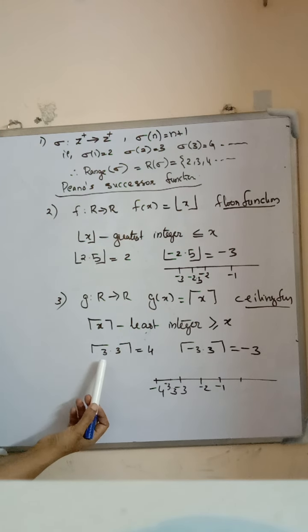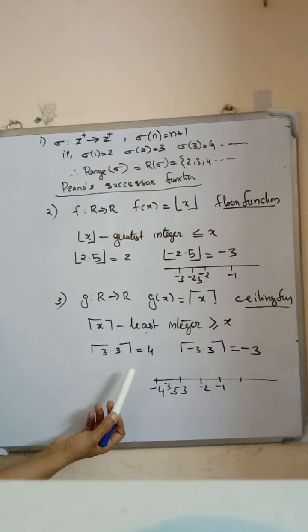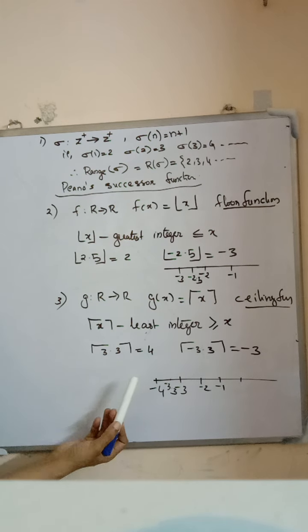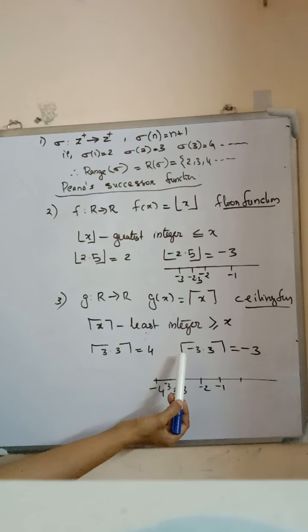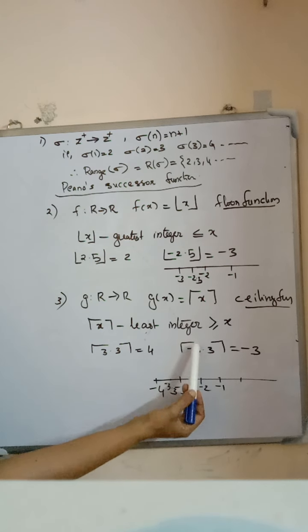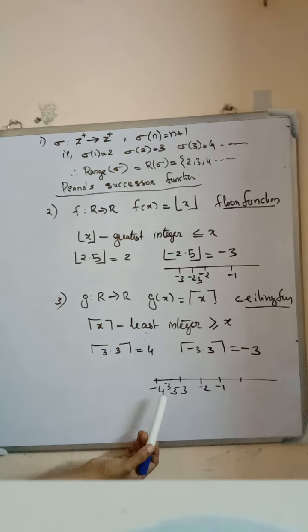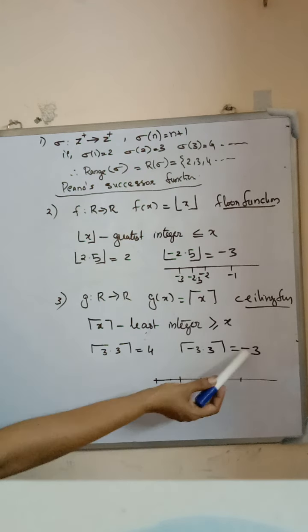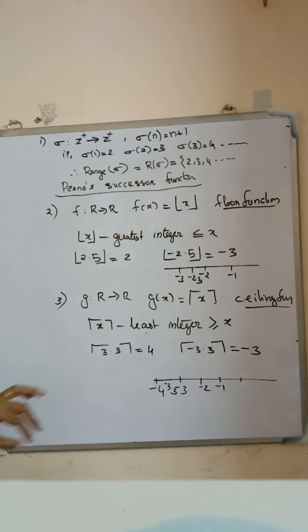The least integer which is greater than 5.5 is 6, and so on. Also, the ceiling function of minus 3.3: minus 3.3 lies between minus 3 and minus 4, and the least integer which is greater than minus 3.3 is minus 3. So the ceiling function of minus 3.3 is minus 3.